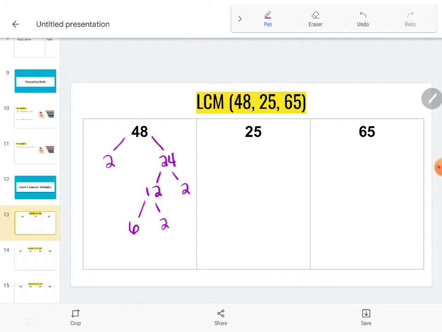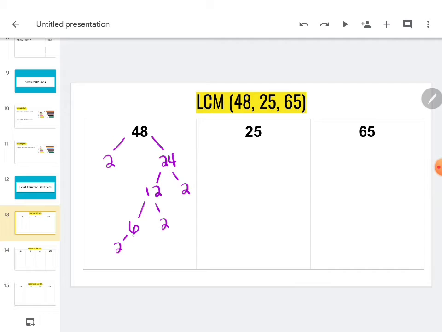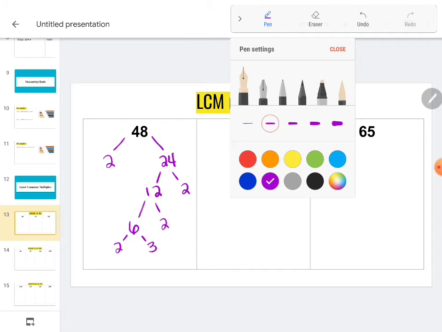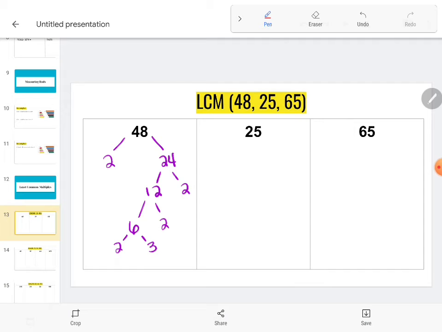Well, 6 is another even number. We can break that down even more. If we divide it by 2, we'll notice that we get 3. So now what we're wanting to do is find the numbers that we couldn't break down, our ending numbers.